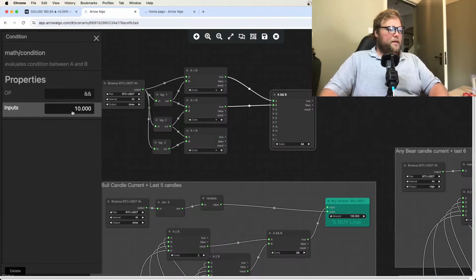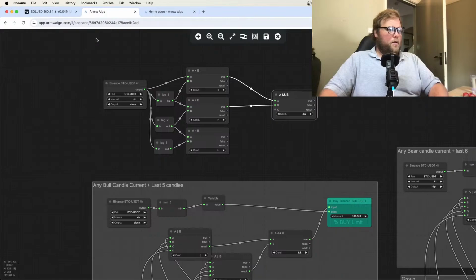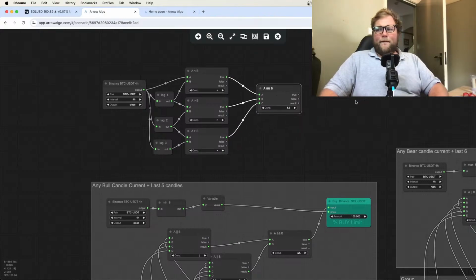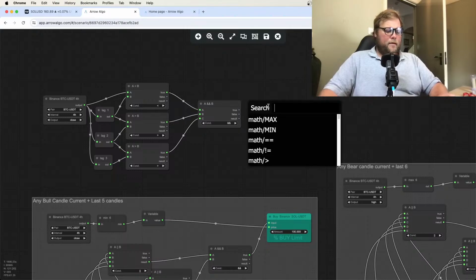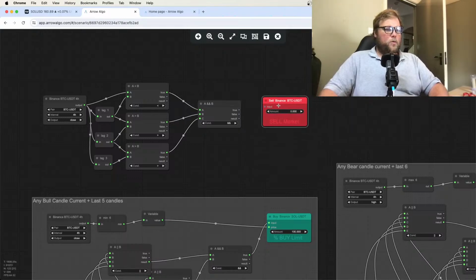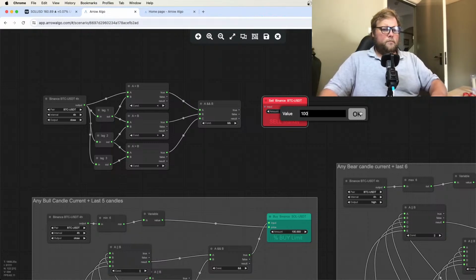We're going to change this to an AND function with 3 inputs and have an input when each of these are true. And if they are, we'll create a cell at market.